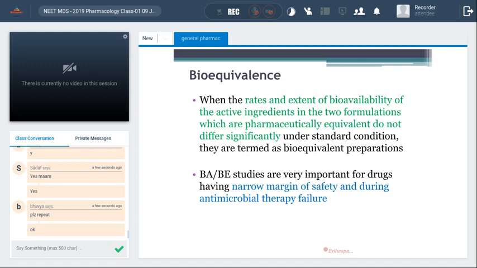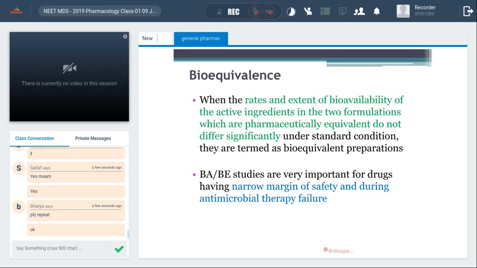But I don't know whether the extent of absorption is 80% for all the three. That is called bioequivalence. So the rate and extent of bioavailability of the active ingredients in two formulations which are pharmaceutically equivalent, which means they're all paracetamol but they're different brands, do they have the same bioavailability? That is called bioequivalence.